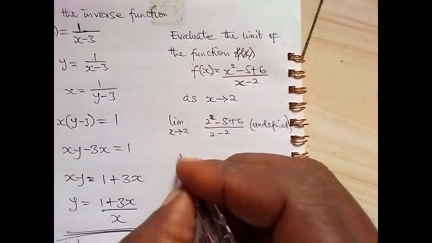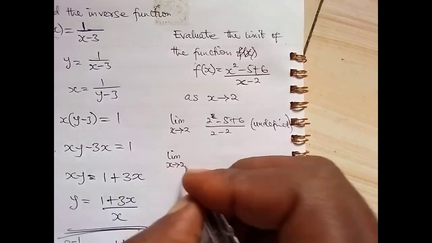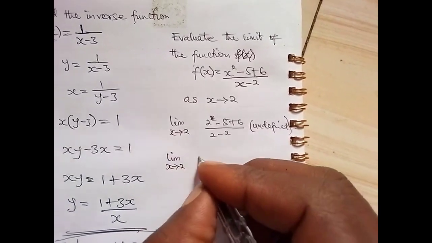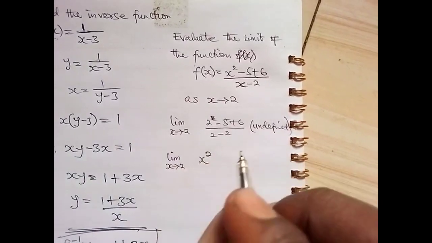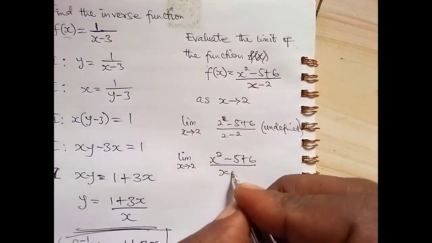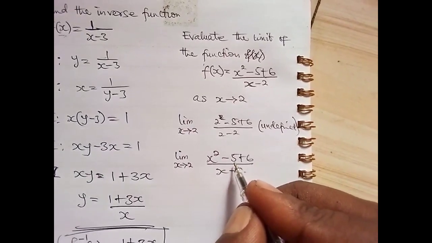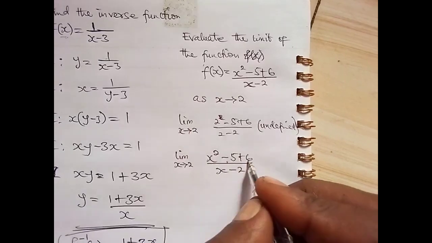So what we're going to do is to factorize. If we factorize, limit as x tends to 2, we have x squared minus 5x plus 6 over x minus 2. We're now going to check what are the two numbers: if I add them, I'll get minus 5, and if I multiply them, I'll get 6.